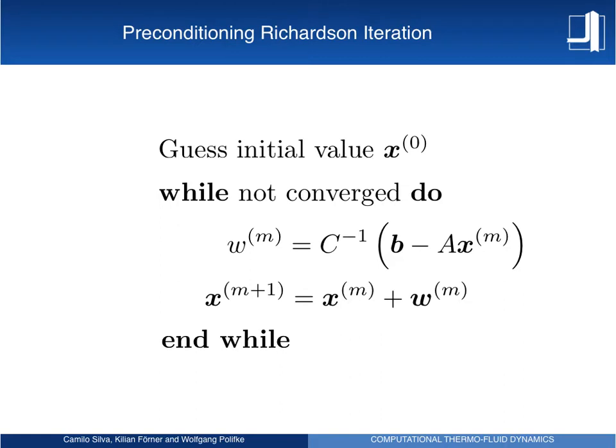Voila, we have here this matrix C, and you will see that depending on the characteristics of this matrix C, this loop will maybe have a very small number of steps, or maybe it will not converge at all, depending on this C.